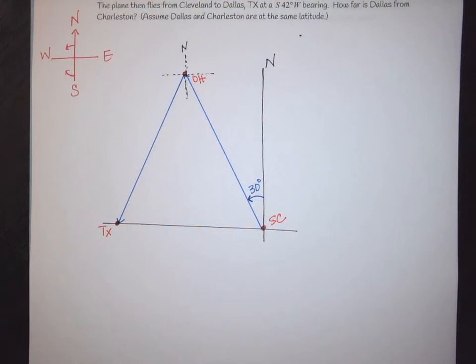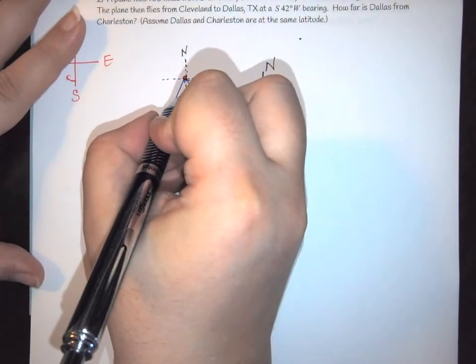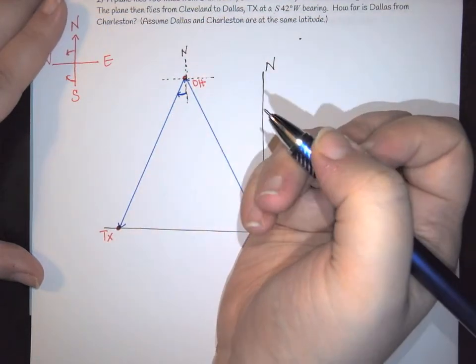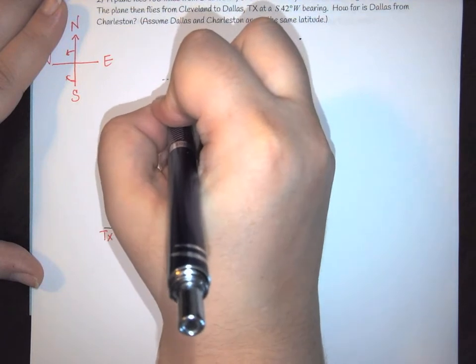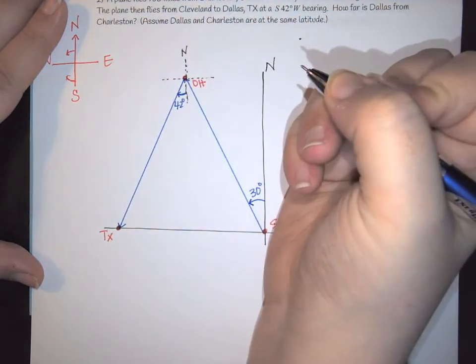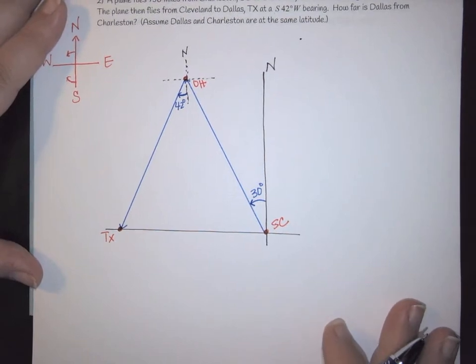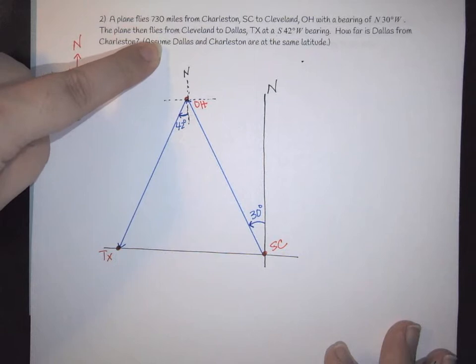Now, the other piece that we know is that from this south line over to here, this little piece right there, is going to be my 42 degrees. Okay. So that's the information that this piece has given us at the moment.